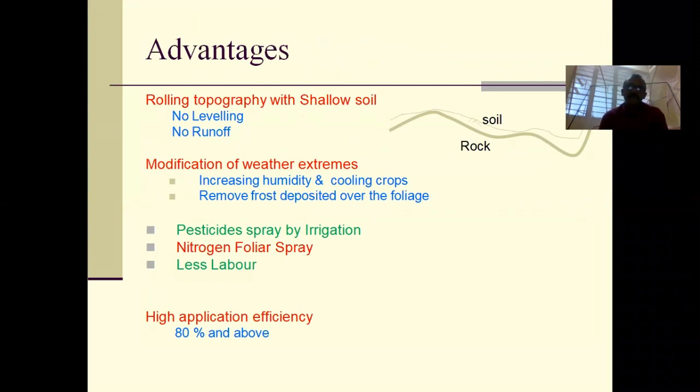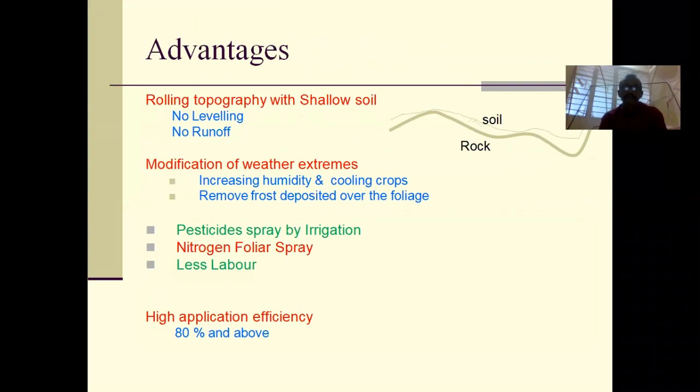In very cold areas, during the morning, one will find ice crystals formed on the leaves. This is called frost, and this kind of frost can be removed by operation of the sprinklers. When you operate the sprinklers, the ice crystals will get removed from the foliage.